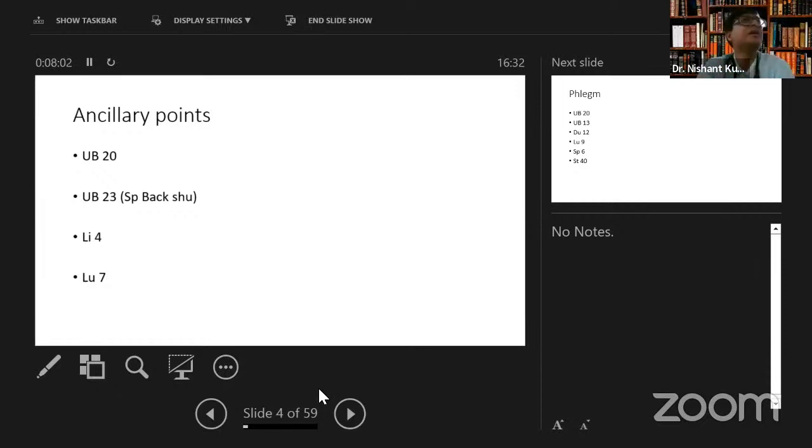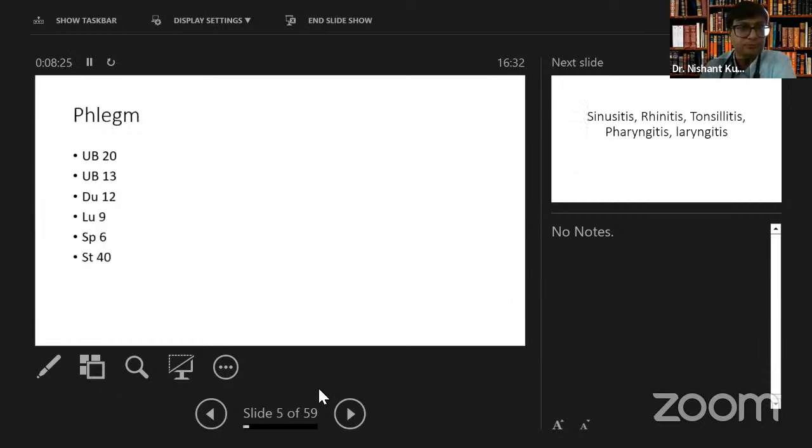If you're using the extremity points, lung 5, lung 7, and Li4. If you're using the back points, you have the whole variety to choose from: Dumo 14, UB12, UB13, UB20, UB23, and Dingchuan in cases where you feel the attack is severe enough.